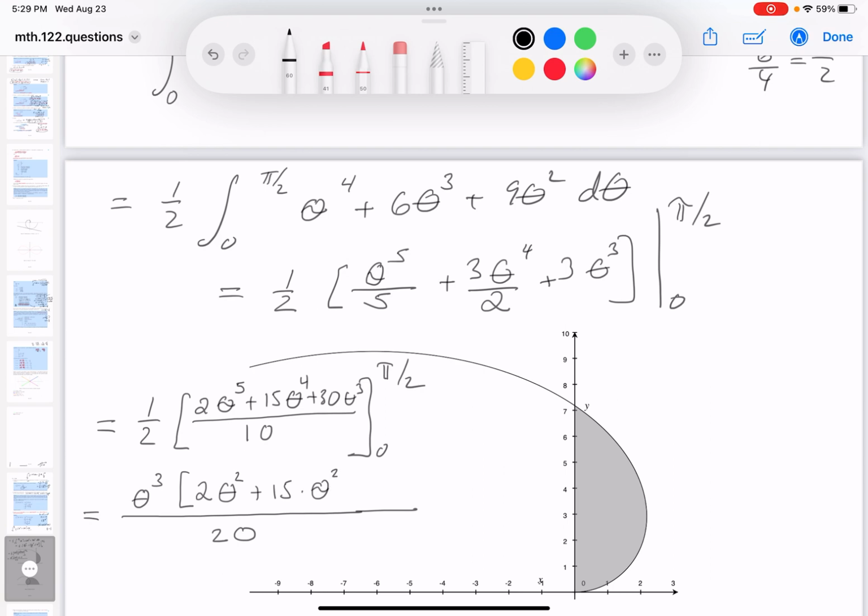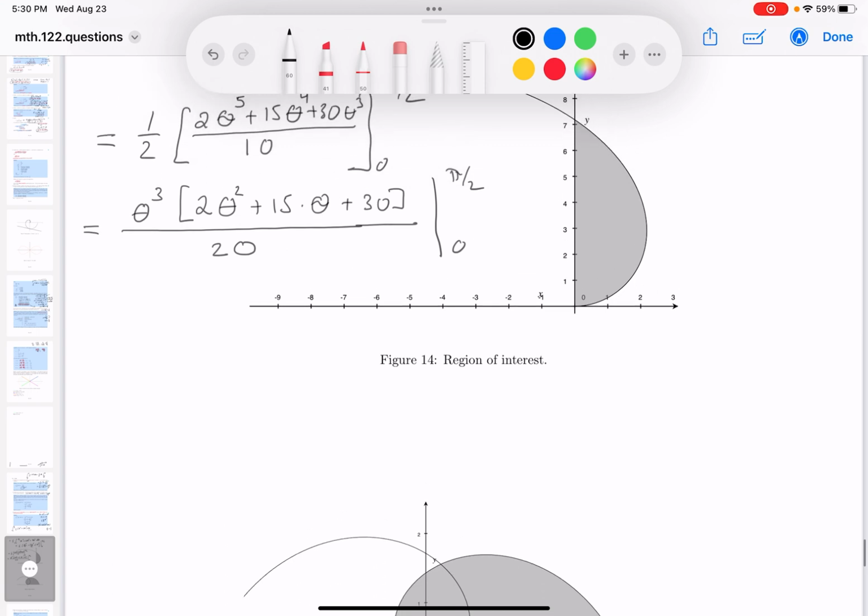I'm sorry, I factor out a cube, right? So not theta squared, just theta. Then plus 30. Limits of integration from 0 to pi over 2.